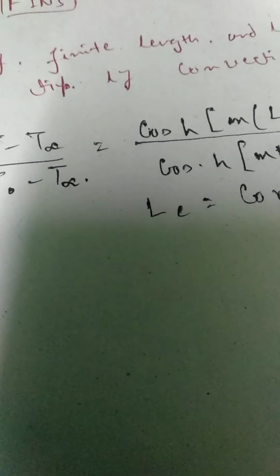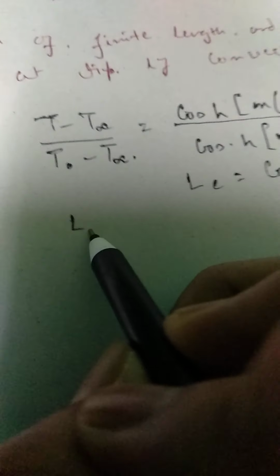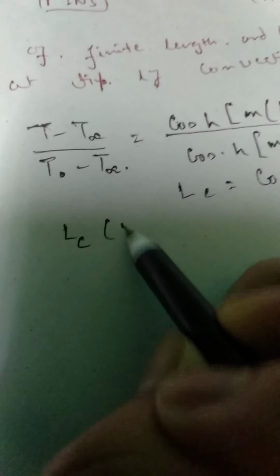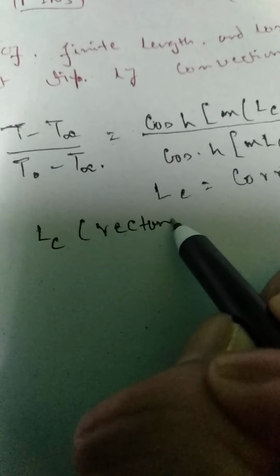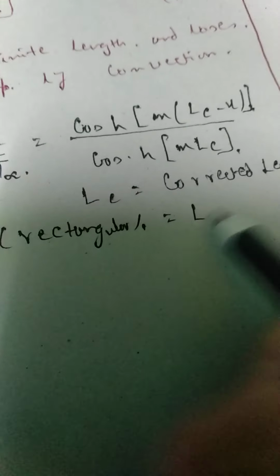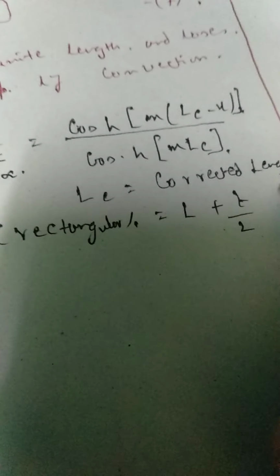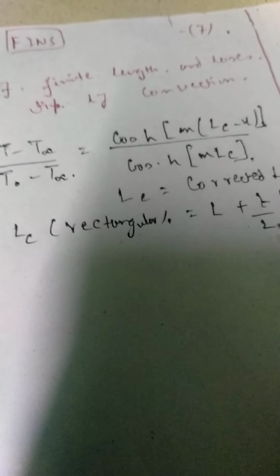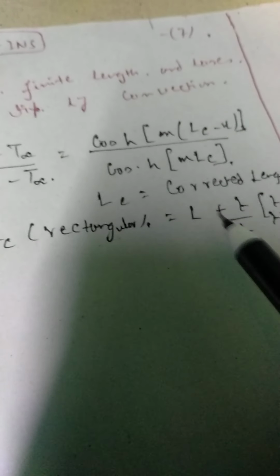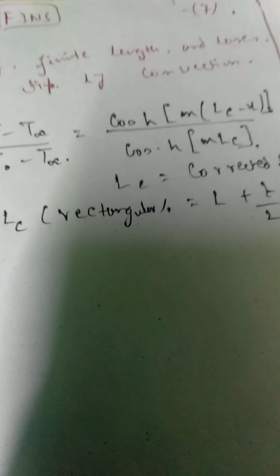In case of a rectangular fin, Lc is equal to L plus t by 2, where t is the thickness of the fin. So this Lc is the corrected length, and it is equal to L plus t by 2 for the rectangular fin which we have considered.